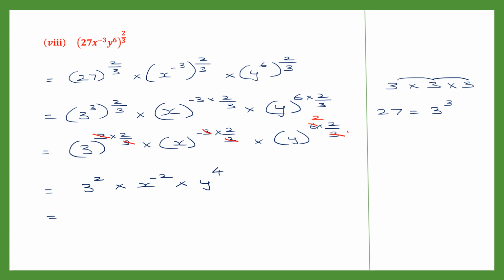Now 3 to the power of 2 means 3 into 3, which is 9, into x to the power of minus 2 is 1 by x to the power of 2 into y to the power of 4. So now when we multiply all the numerators, 9 into 1 is 9. 9 into y to the power of 4 is 9 y to the power of 4. And in the denominator we have x to the power of 2. So this is our final answer.